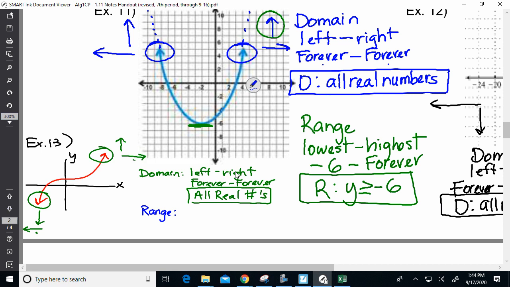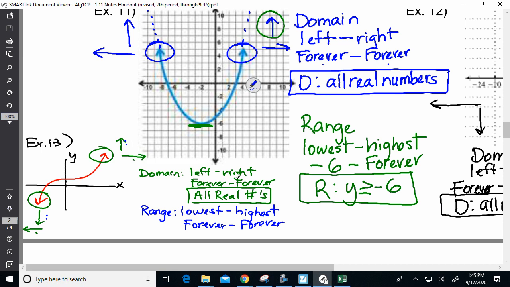Alright, so for range, that's lowest to highest. You have an arrow pointing down, so that means it's going to be going down forever. You have an arrow going up, that means it's going to be going up forever.